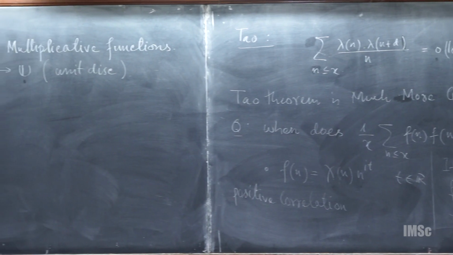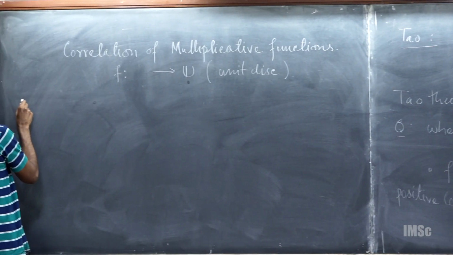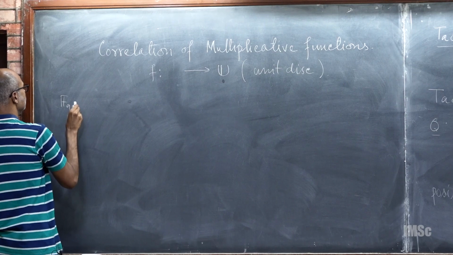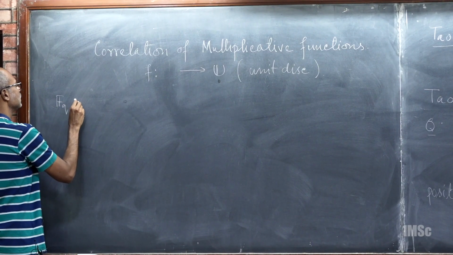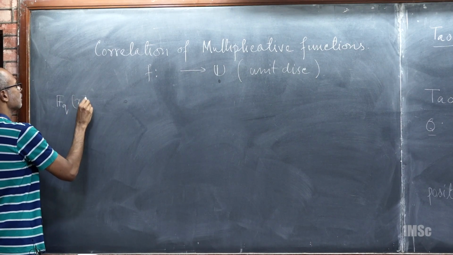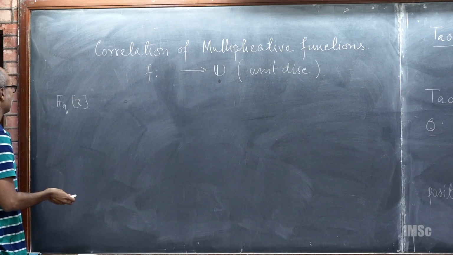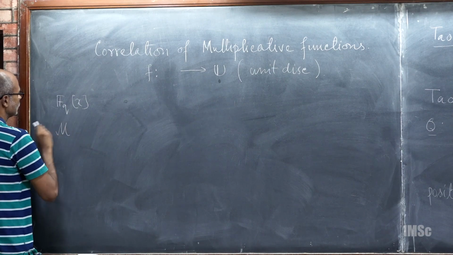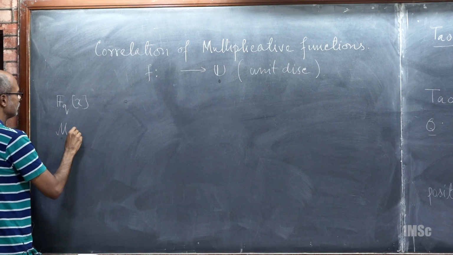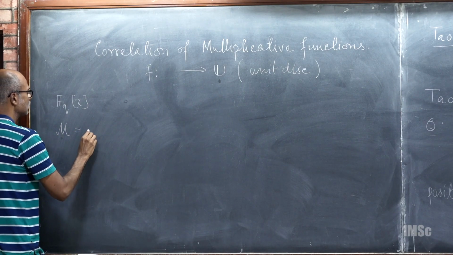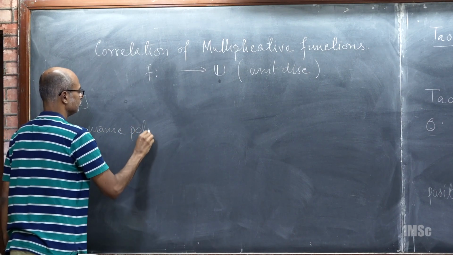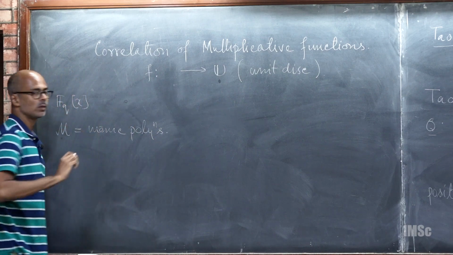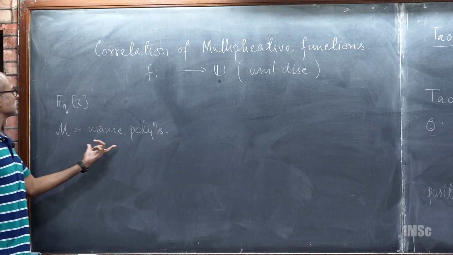So let us start like this. We have the finite field of q elements, and then look at the polynomials. So this is the polynomial ring, and this M, the script M, is going to denote the monic polynomials. Monic polynomials would just behave like integers.